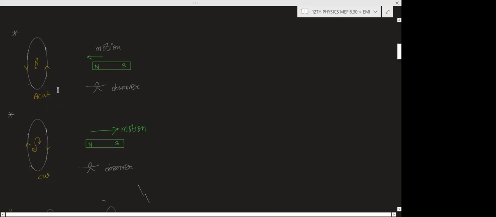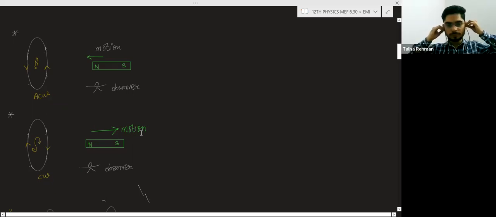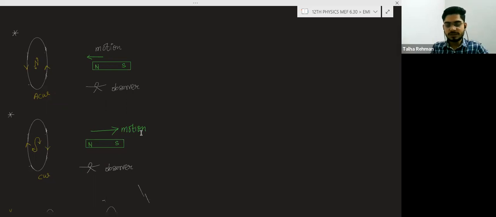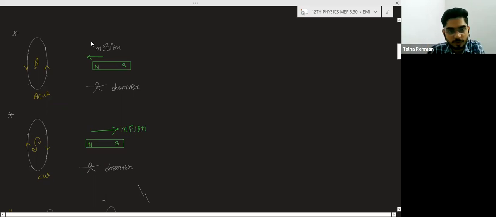So if we introduce the south pole into the loop, it will also become a south pole, right? And if you remove the south pole from a loop, it will be a north pole. This is correct, but you have to think about the solution of this question in another way. See, this magnet is moving towards the coil. So what you want is that this motion of the magnet should reduce or stop. What pole should be there so that the motion of this magnet stops?